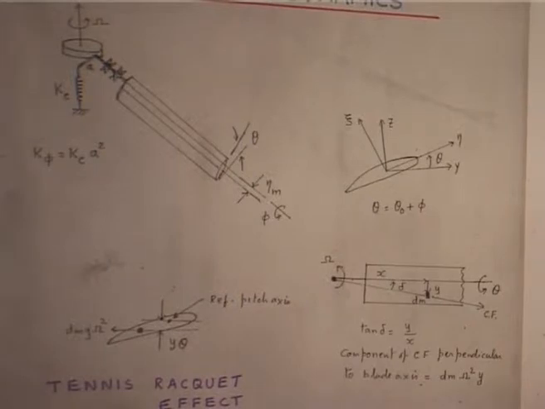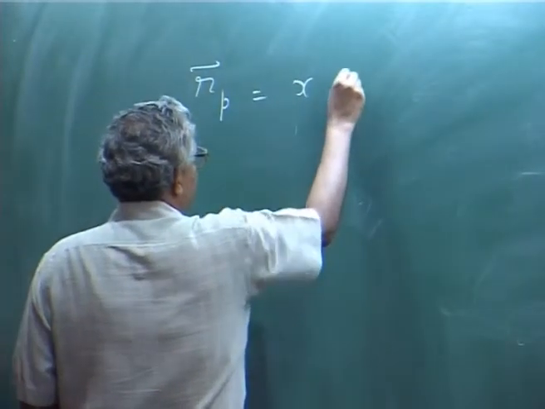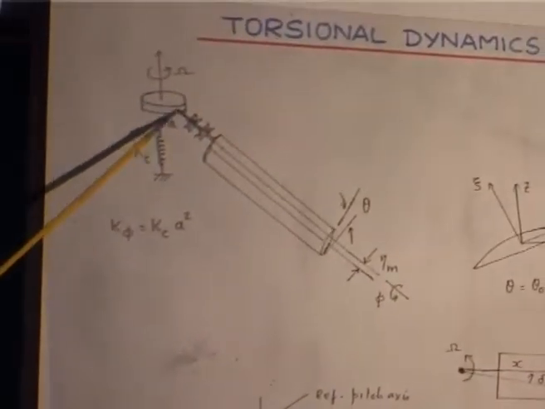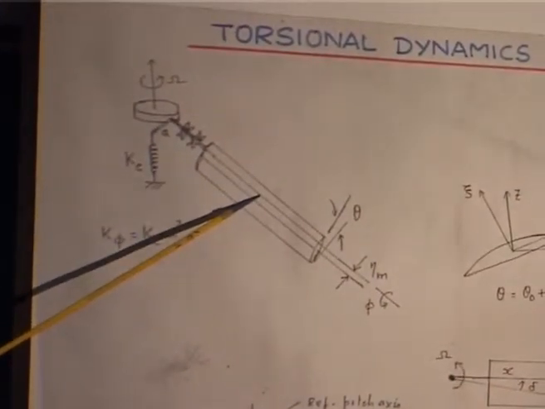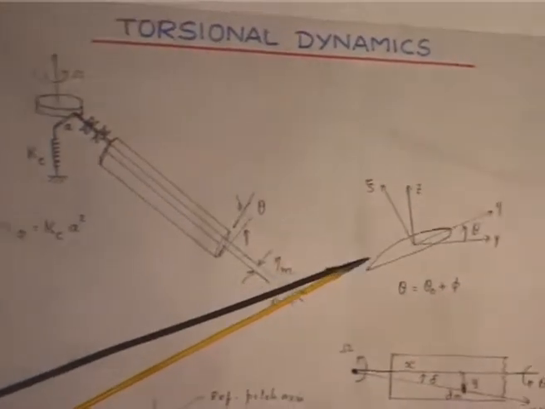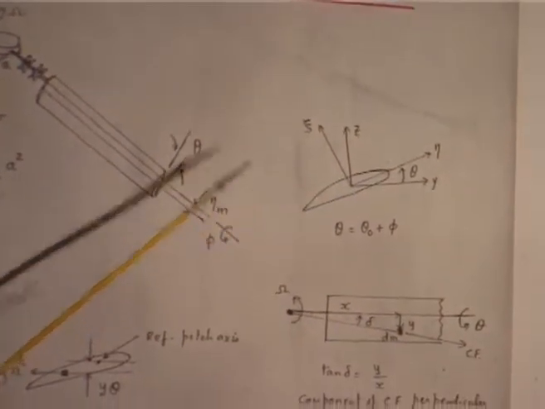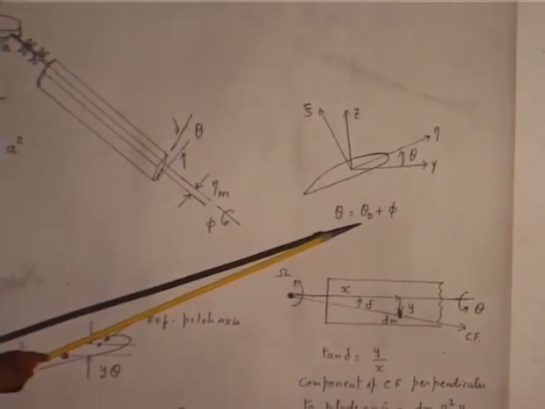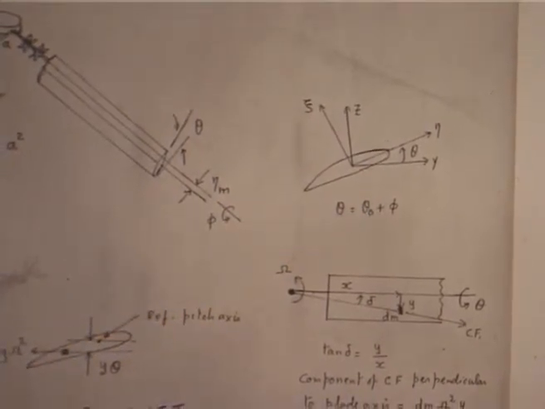I will just show this derivation, because this is a slightly interesting part. You take the position vector of any point, which is x I, from the center you go to any line x I, and then in the cross section you have a given pitch angle theta naught, and there is an elastic twist.